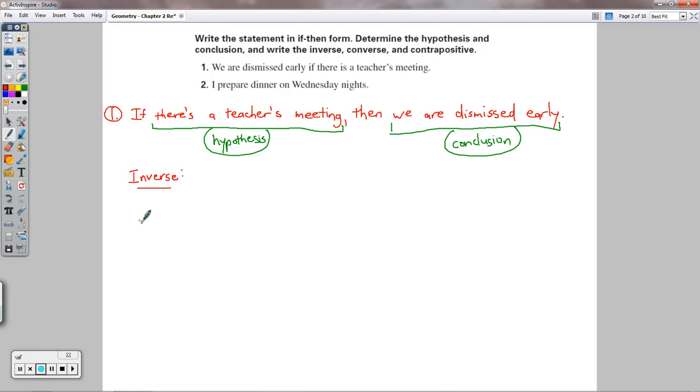So the inverse. What do we do for the inverse? We're supposed to negate both things. And so by that I mean negate the hypothesis and negate the conclusion.